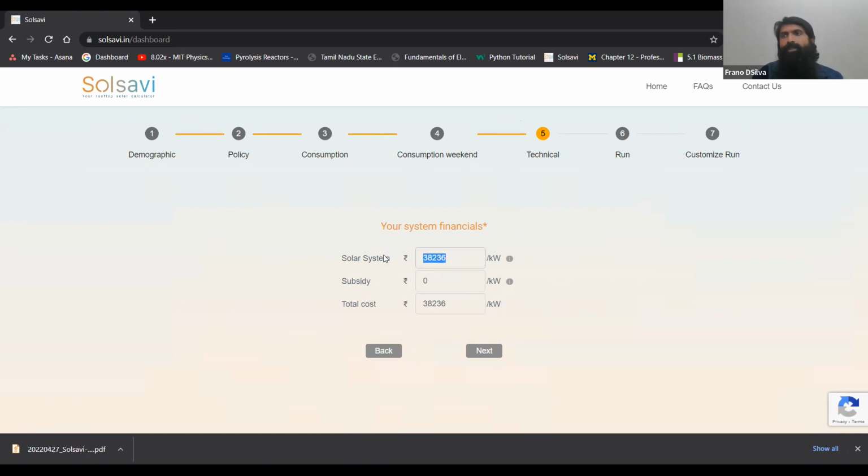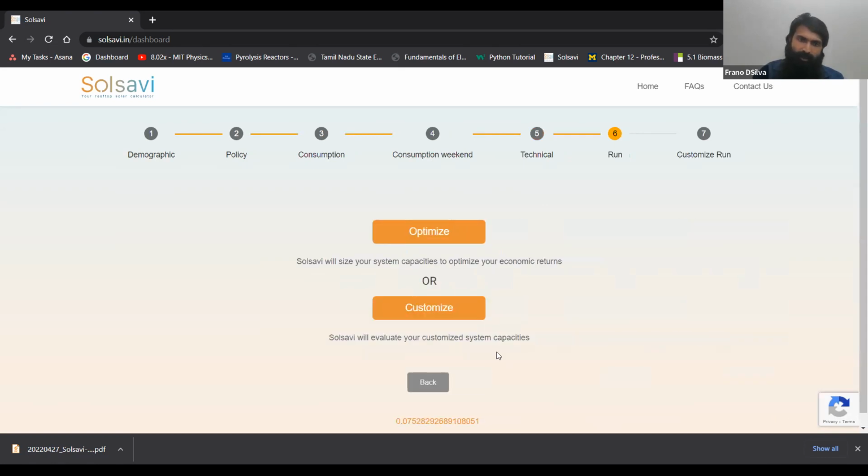However, these could vary according to your location, depending on what balance of systems you select or what type of installations you select. And this can be modified as per your requirement. For this case, we put a meager 1,000 rupees subsidy that could be allocated under various sectors or sections in Tamil Nadu. To proceed to the run page, press the next button.